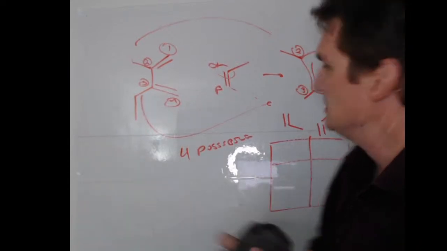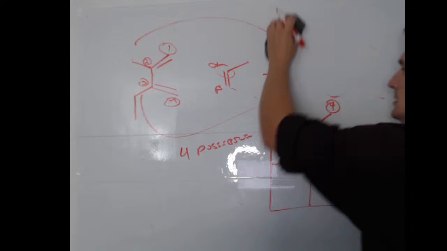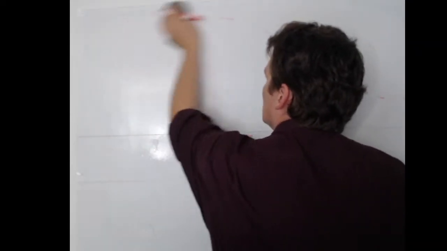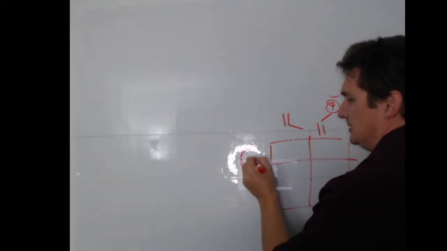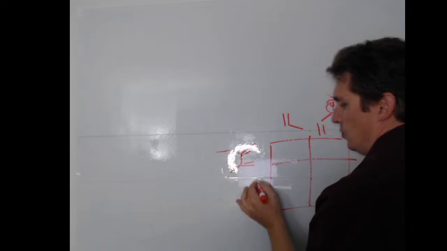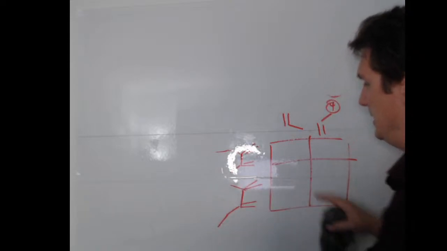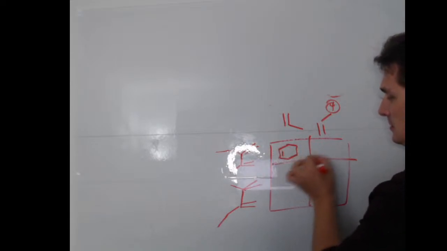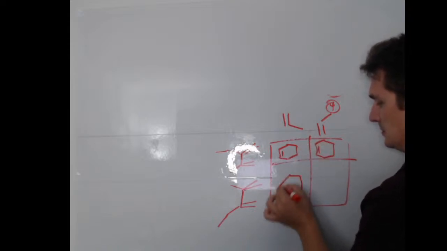Run out of board space. One where we draw our diene with the ethyl group up, one where we draw our ethyl group down. And we will have all 4 combinations, every single one, with a cyclohexene group.